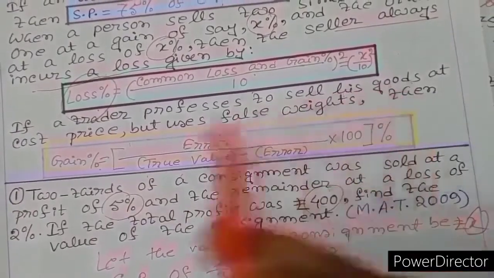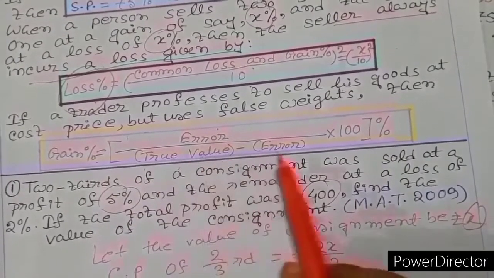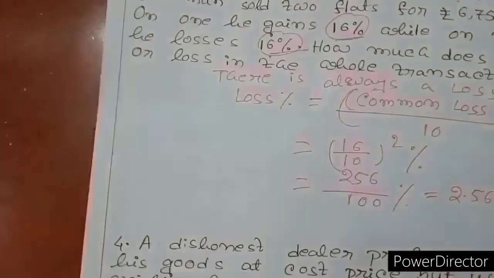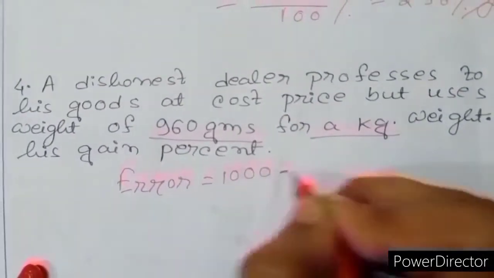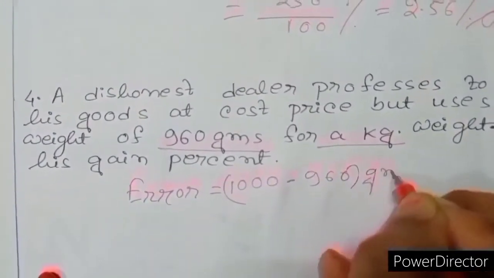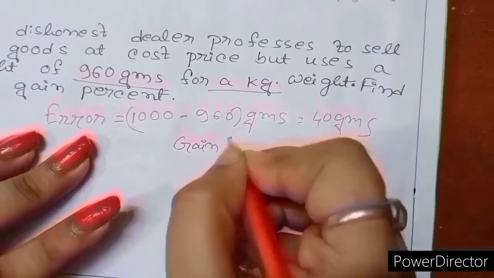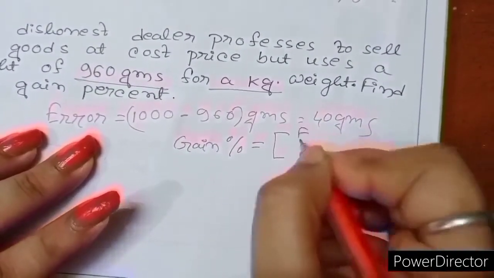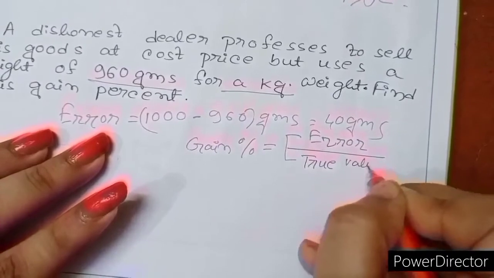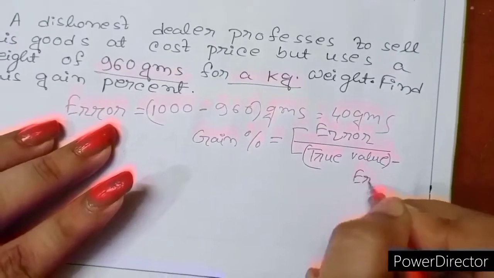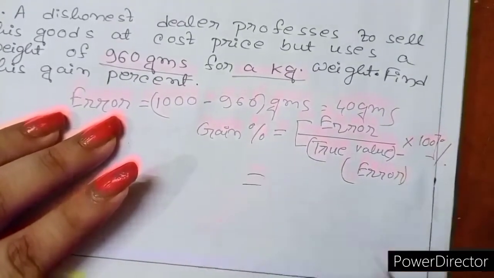If a trader professes to sell his goods at cost price but uses false weight, then gain percent equals error by true value minus error into 100%. So here error equals 1000 minus 960 grams equals 40 grams. Gain percent equals error by true value minus error into 100%.